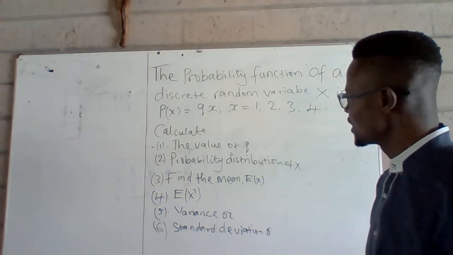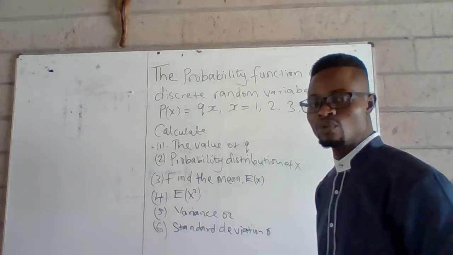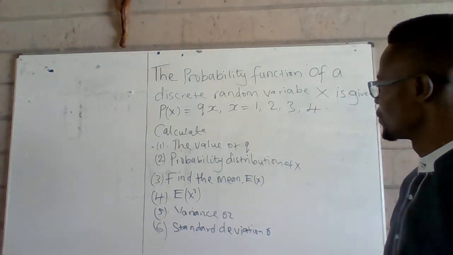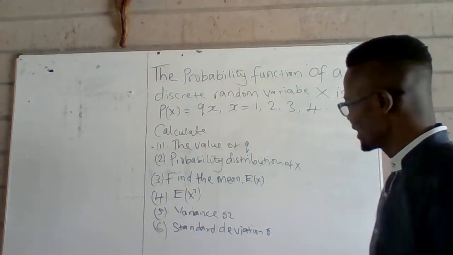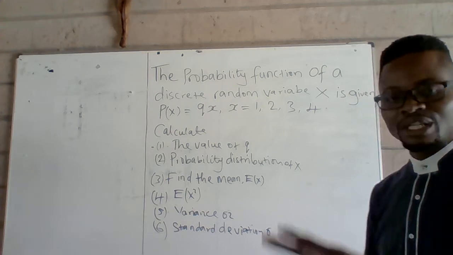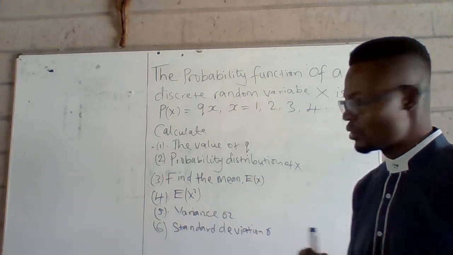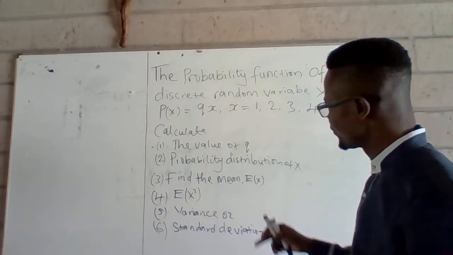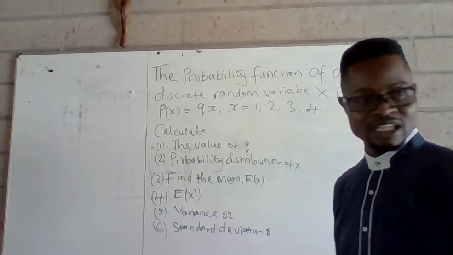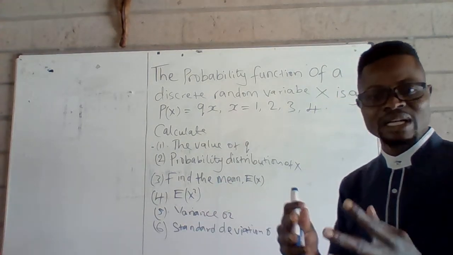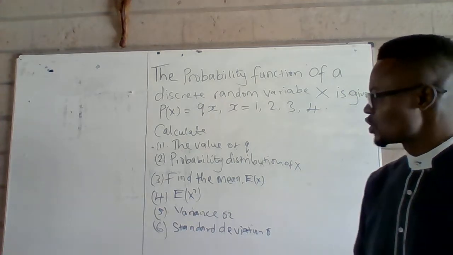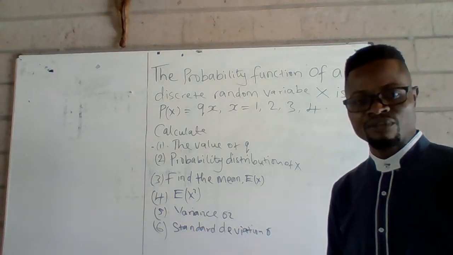We are to find the value for q and the probability distribution of x, find the mean, the expected value, the expected value squared, and also find the variance and the standard deviation.